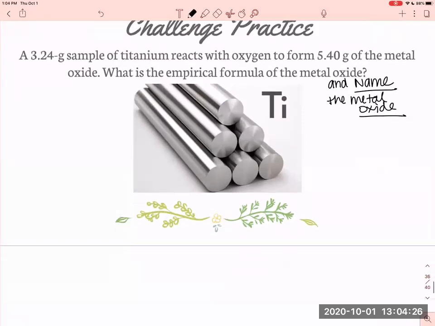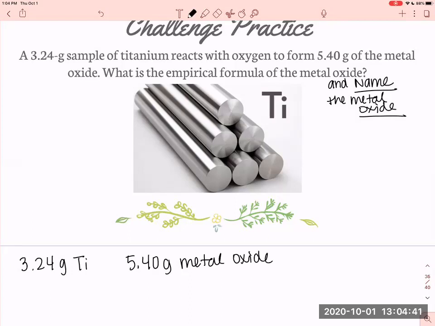Okay, first step, let's write out all of our information. Titanium reacts with oxygen so that I have 5.40 grams of the metal oxide. Okay, so we can find a percent composition here of titanium, but that's not really going to help us because what do I need for empirical formula? I need each individual element. I have 2 elements here, titanium and oxygen.